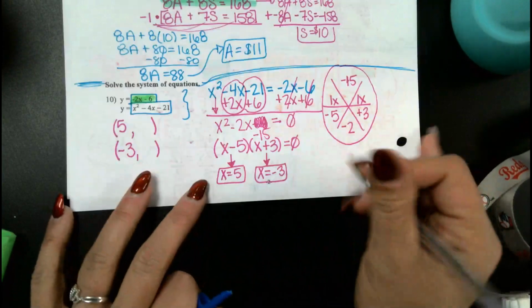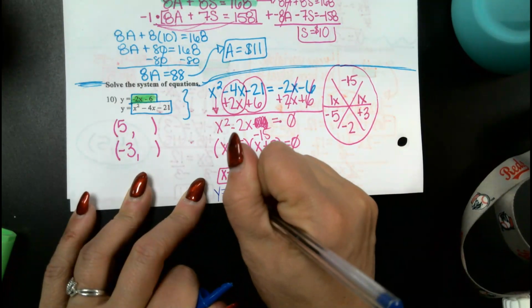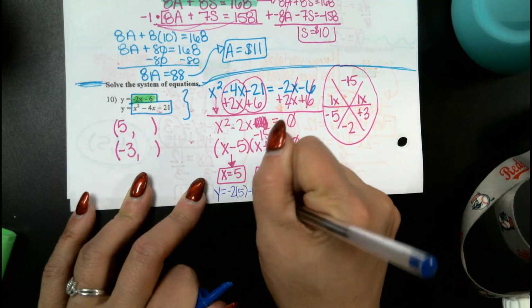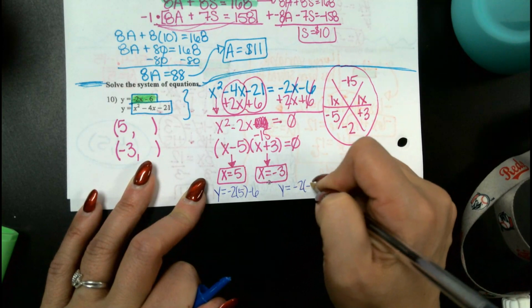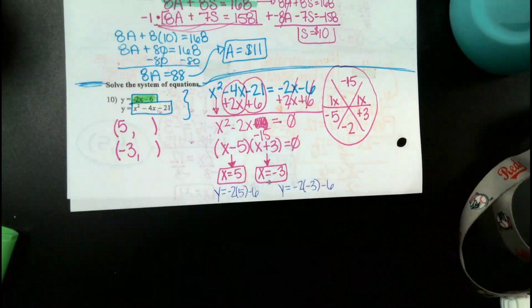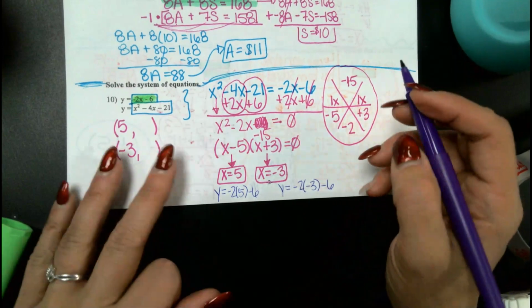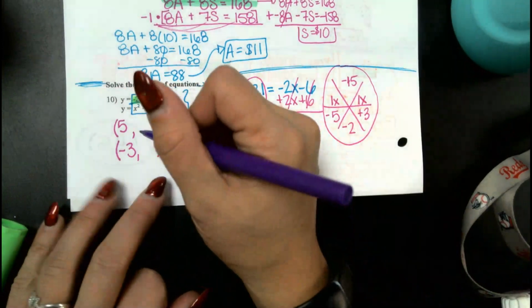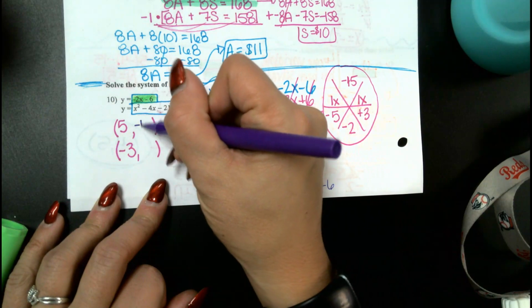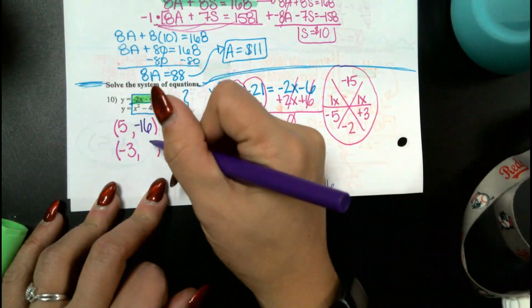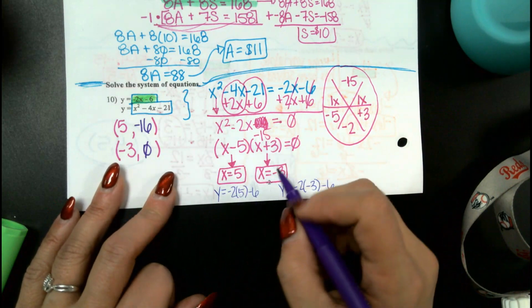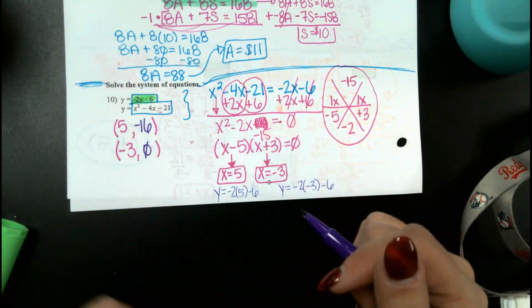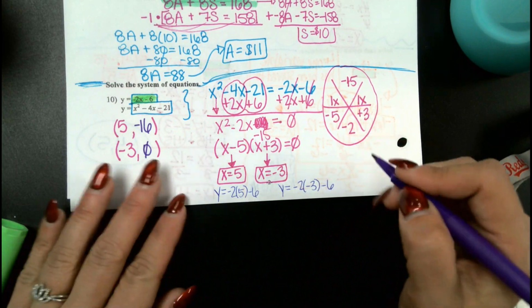So I would have y equals negative 2 times 5 minus 6 for the 5. And then y equals negative 2 times negative 3 minus 6. And then whenever you guys get those numbers, let's see. I'm getting a negative 16 when you use the 5.